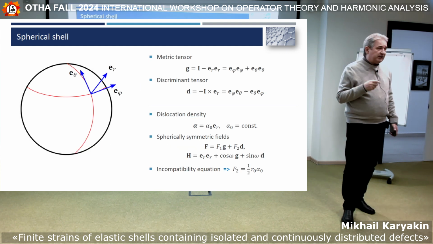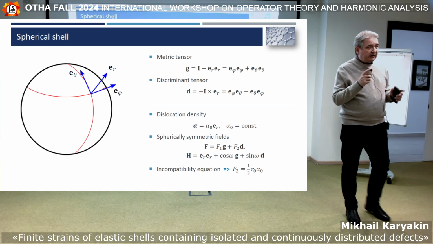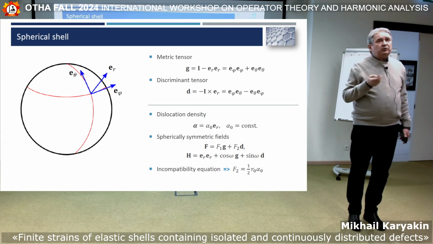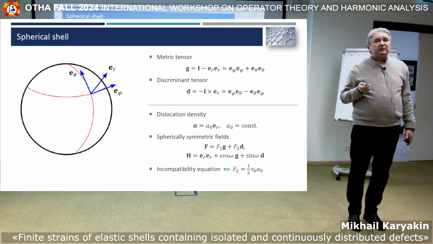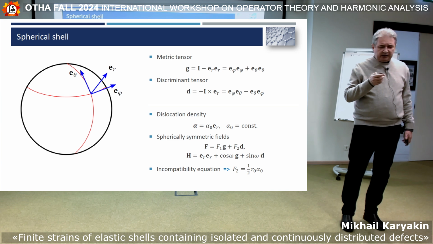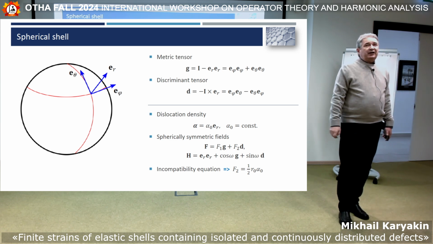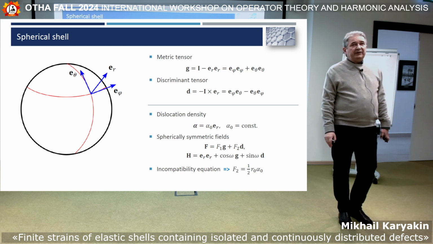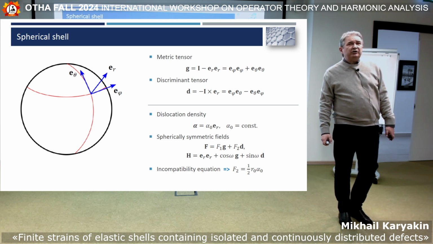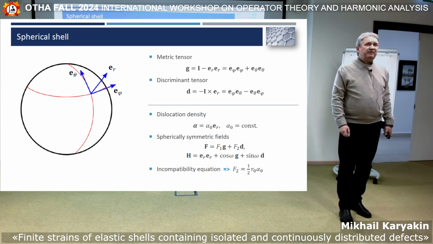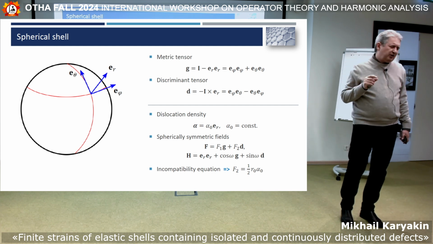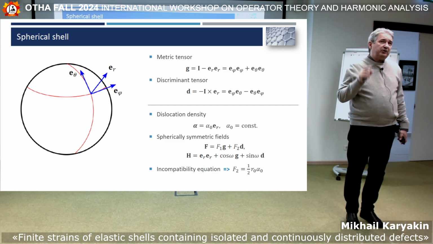So I show one such solution for a spherical shell. We use spherical coordinates here, and we assume that our dislocation density function, alpha, is rather simple. It's some constant proportional to e_r, the unit vector in the direction of the radius vector.